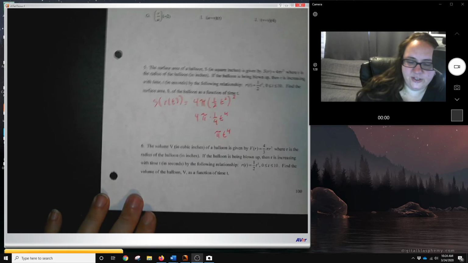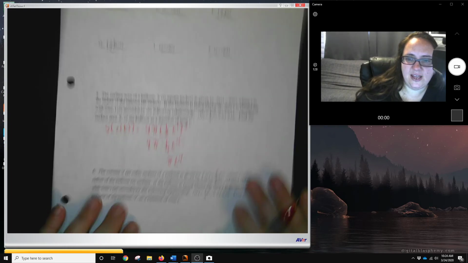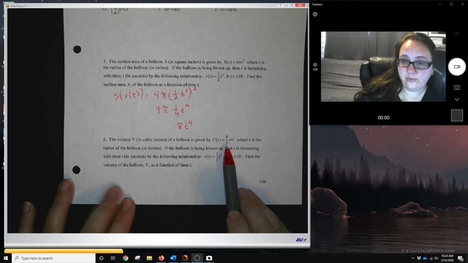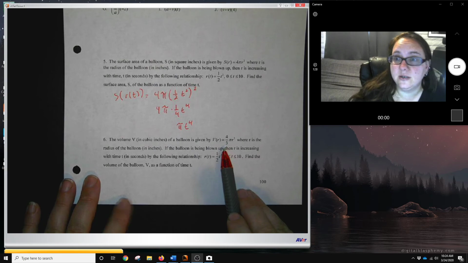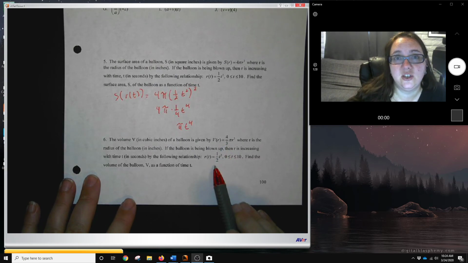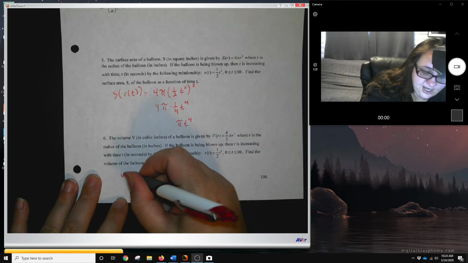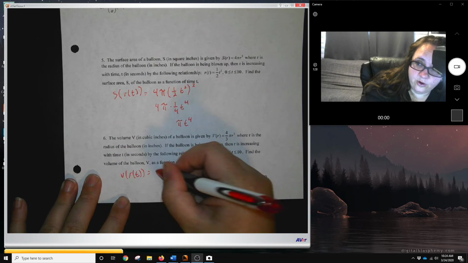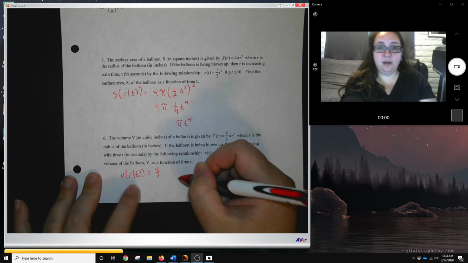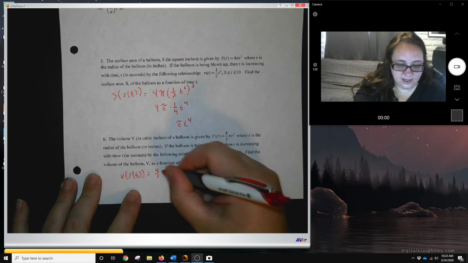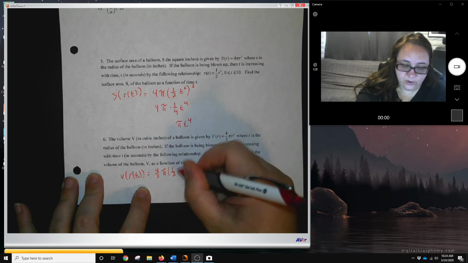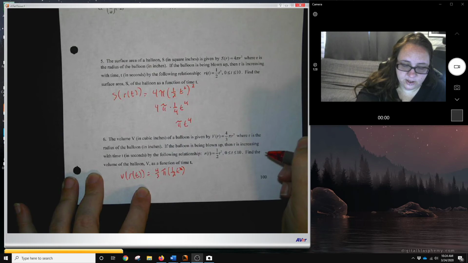And then this next one is super similar, only instead of surface area, it's volume. So the volume is 4/3 pi r cubed. The radius is changing at the same rate. So this would be V of r of t, which would be 4/3 pi, and then instead of r, (1/2 t squared) cubed.